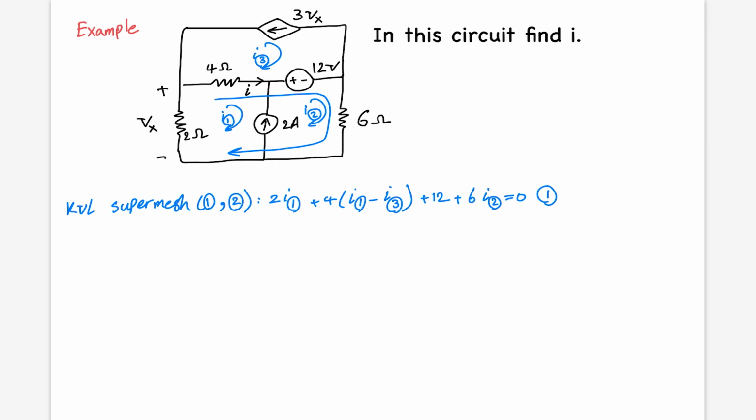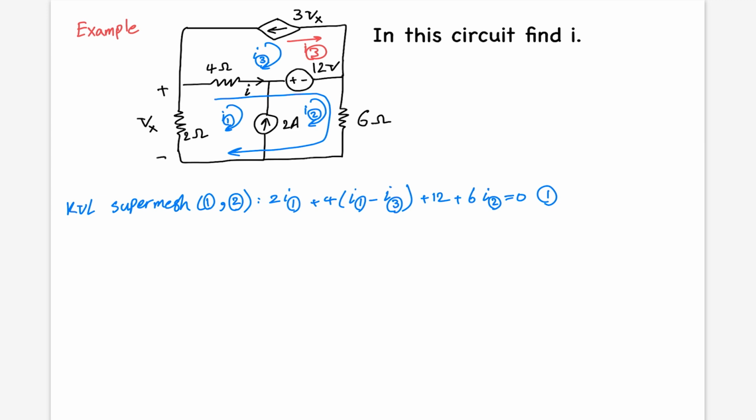Now let's look at the other equation that we might see. We can see that I3 is equal to minus 3Vx. I3 is in this direction. It is exactly opposite of this dependent current source.